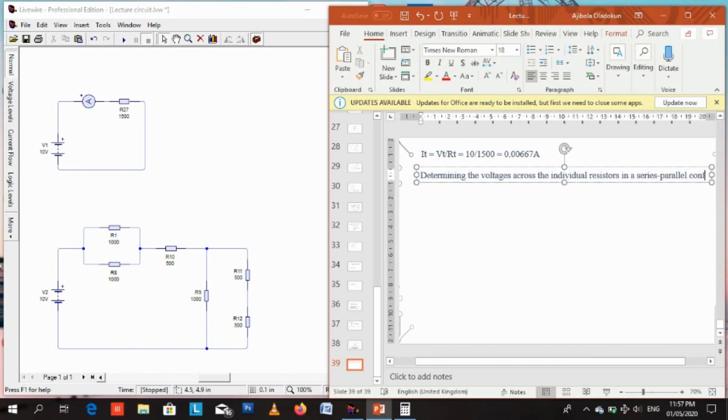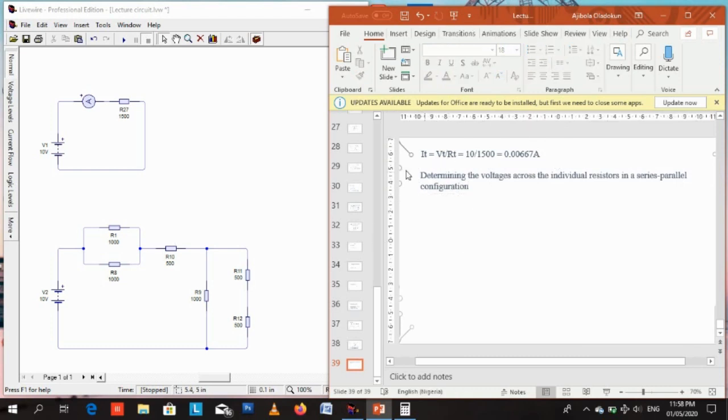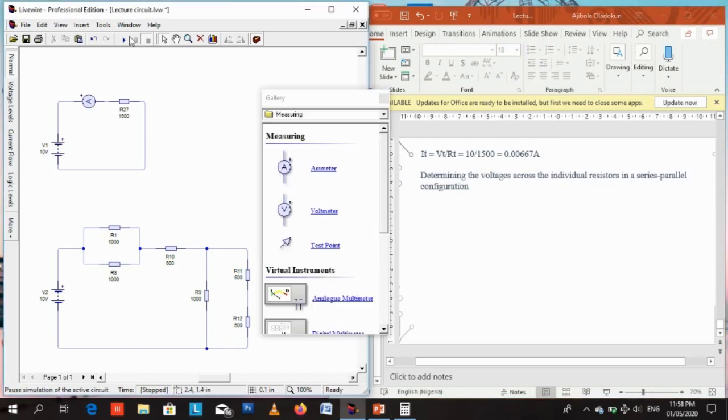So you combine series resistors, combine parallel resistors, as we've done, and you can determine the individual voltages. So that's what we want to do next now.